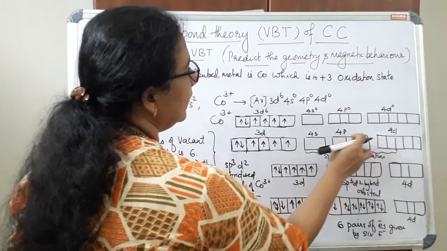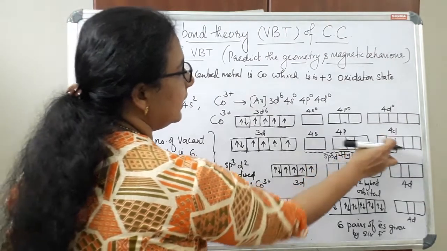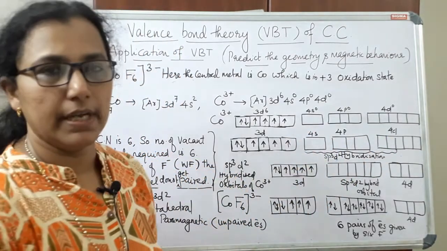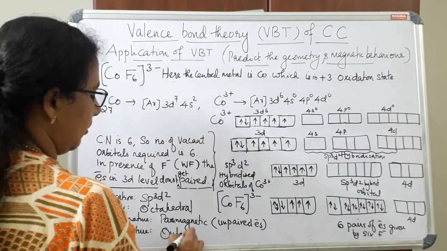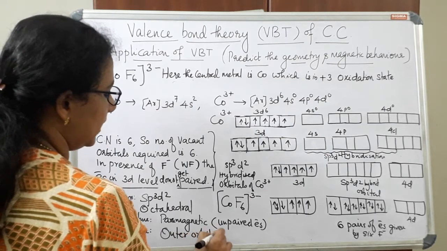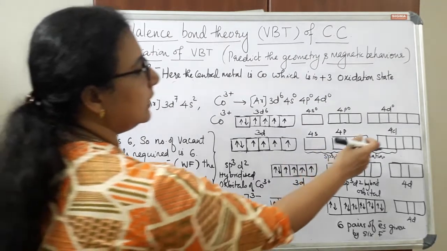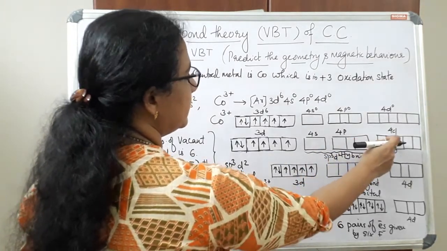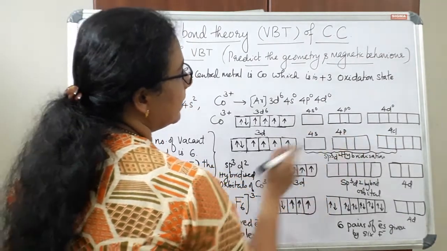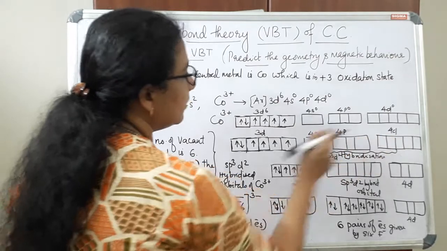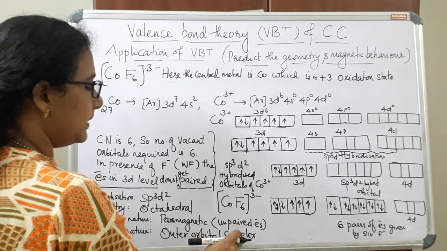Since the outer d orbital is taking part in hybridization, it is an outer orbital complex. Why is it called an outer orbital complex? Because the 4d orbital, not 3d, is taking part in hybridization.